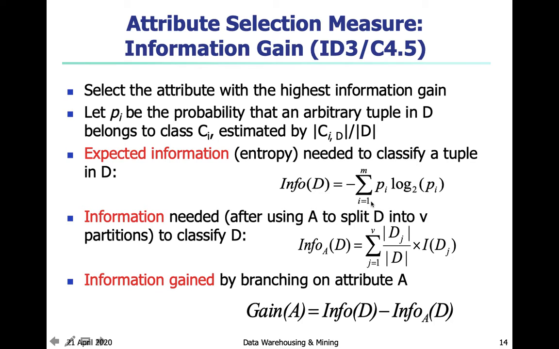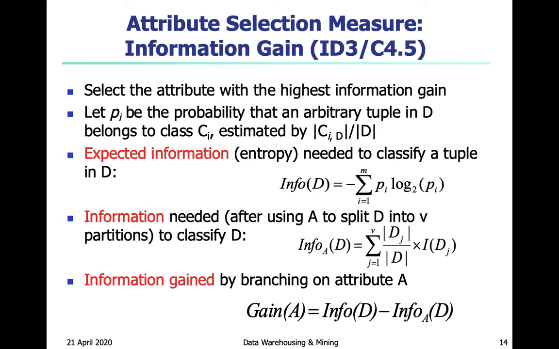Here pi is the non-zero probability that an arbitrary tuple in D belongs to class Ci, and pi is nothing but mod of Ci,D divided by mod of D. The log function to the base 2 is used because the information is encoded in bits.